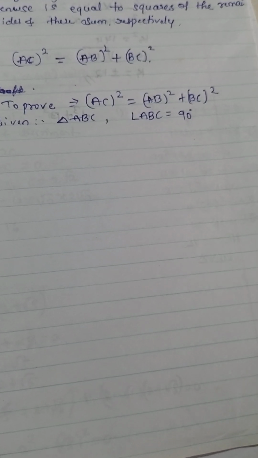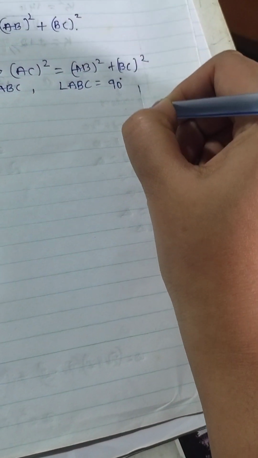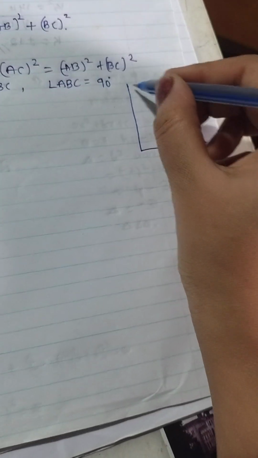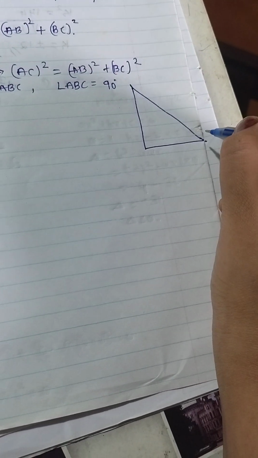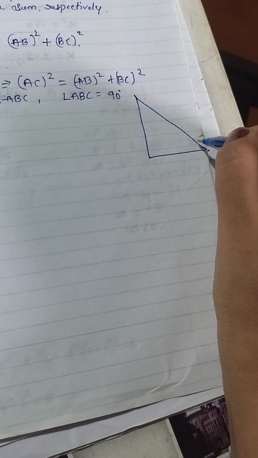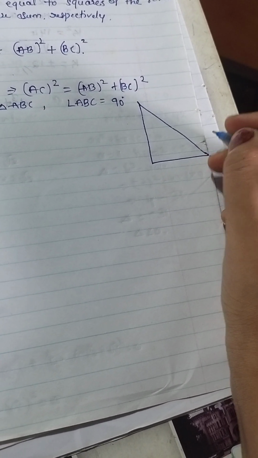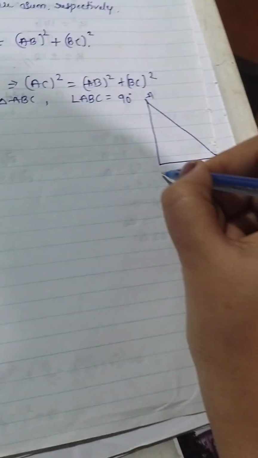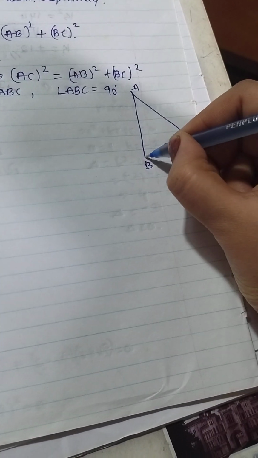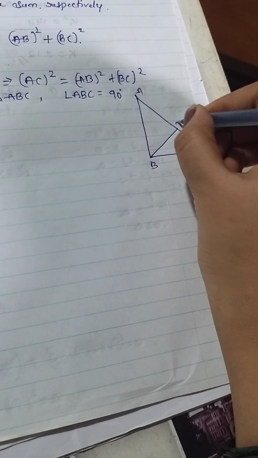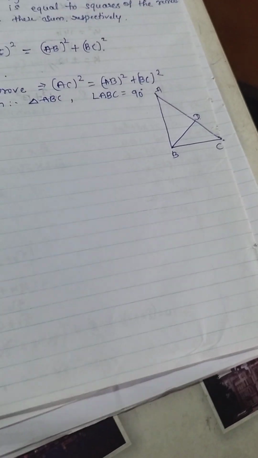Next, I will make some arrangements here. So in a right angle triangle, now I will construct, or I will draw. This is right angle triangle ABC. I will draw BD, which is perpendicular to AC.